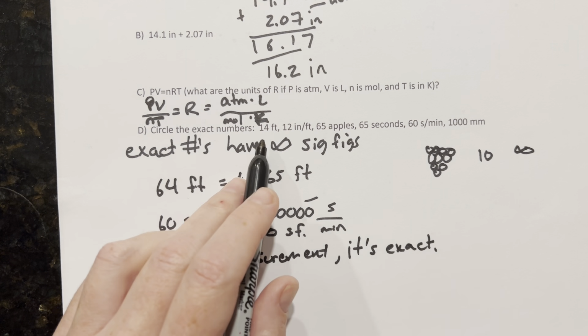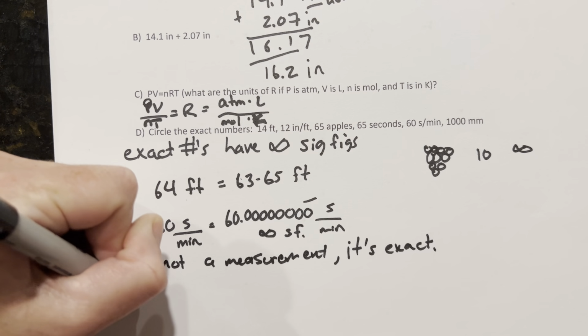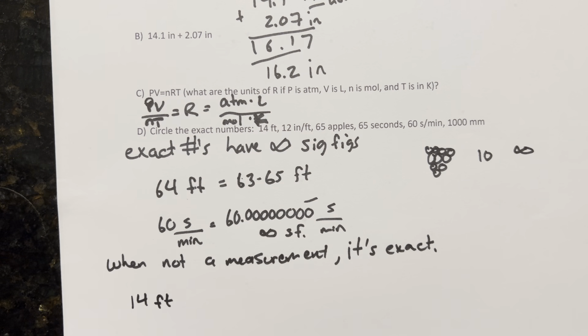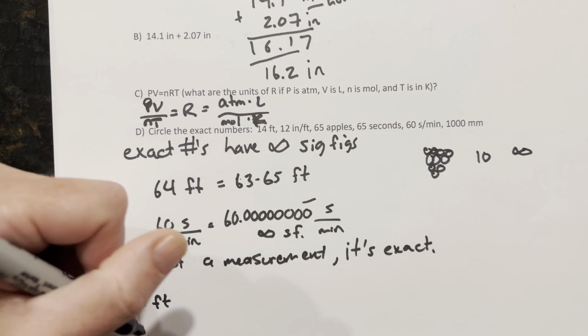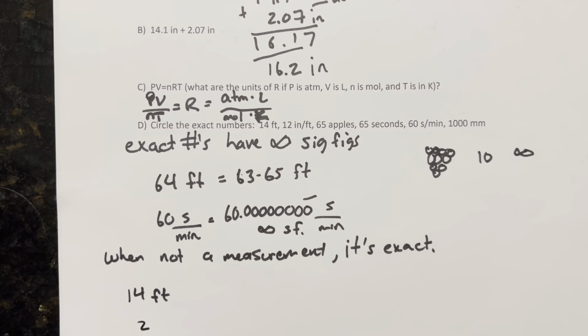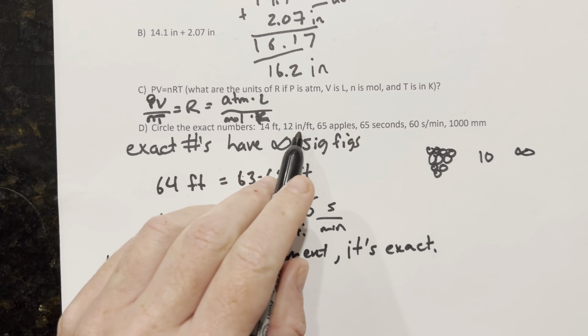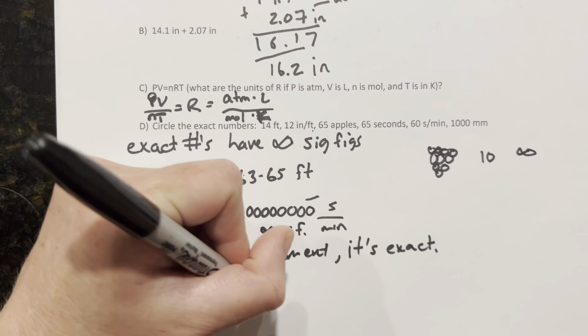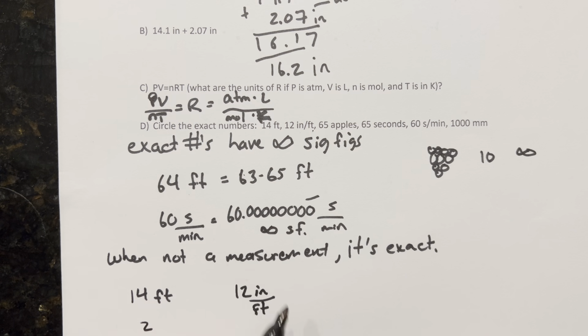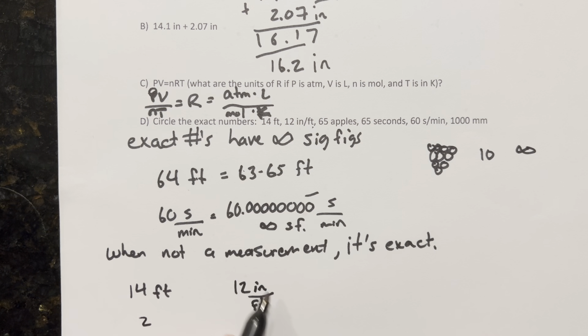So let's talk about the first question here. We had 14 feet. You're not counting something, you're not giving a conversion. 14 feet is a measurement, so this has 2 sig figs. 12 inches in a foot: you're not measuring something with 12 inches per foot, this is a conversion.